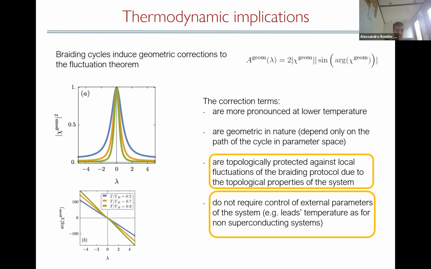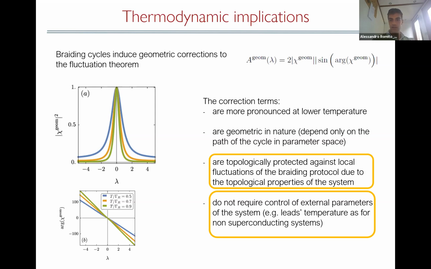The other peculiarity is that in this system, due to maintaining the degeneracy at any time, we are able to realize this correction to the fluctuation theorem just by controlling the parameters of the system, namely the phase of the coupling to the external leads, while for other non-topological systems, one always has to perform cycles of external parameters, like in the space of temperatures of the corresponding leads.